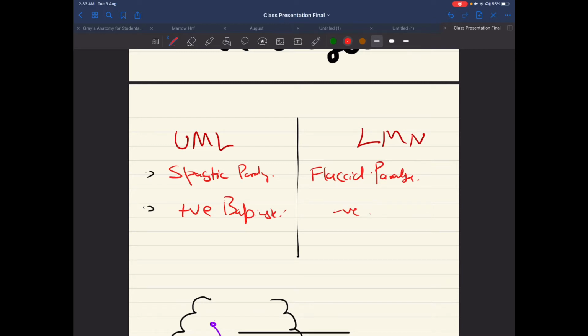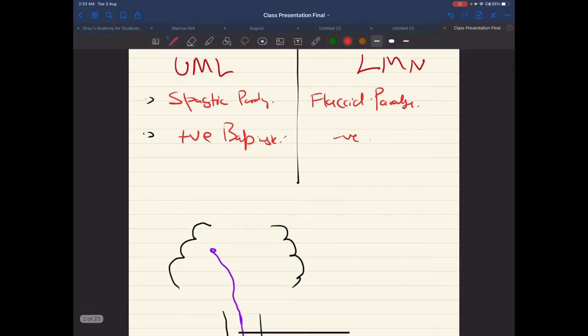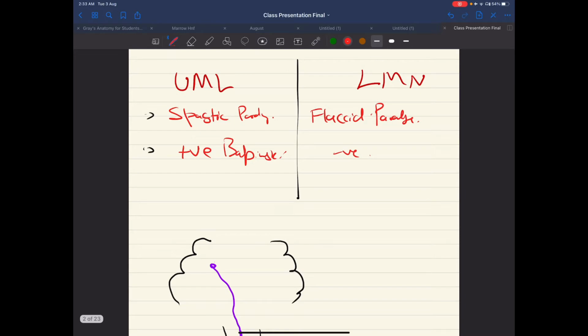Just as a very basic, classical example, whenever there is tetanus, in that case, your upper motor neuron is injured. What does that do? That leads to overstimulation of the lower motor neuron, hence rapid spasms, hence spastic paralysis.